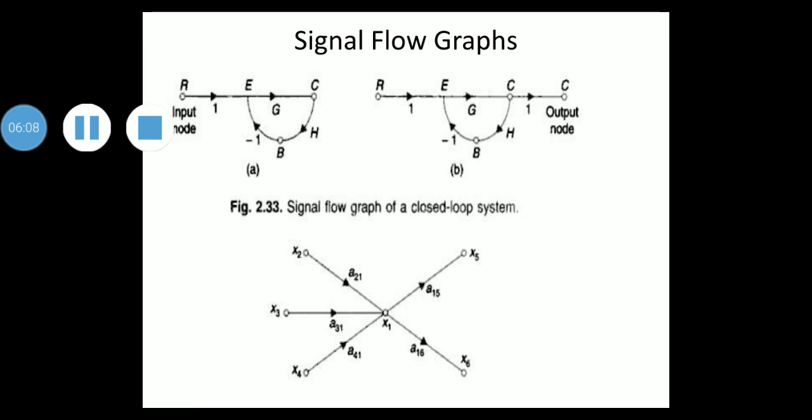The second figure shows a node as a summing point and as a transmitting point. One thing to remember is that the value of the node variable is not affected by the outgoing branches.